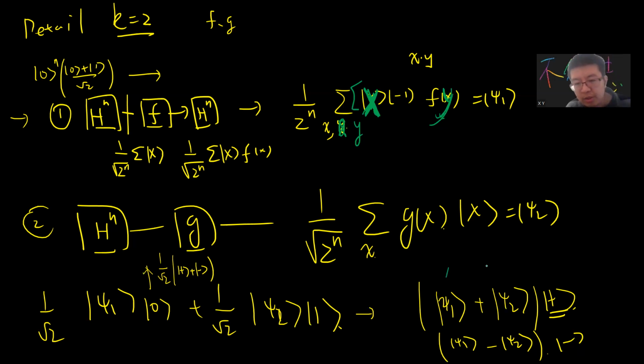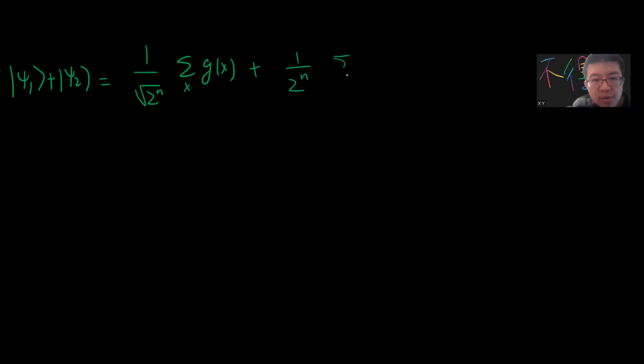My psi 1 and psi 2 is basically just this: 1 over 2 to the n summation of g of x, x, plus 1 over 2 to the n summation of x and y, minus 1 to the x y, f of y. And let me pull out this sum over x.